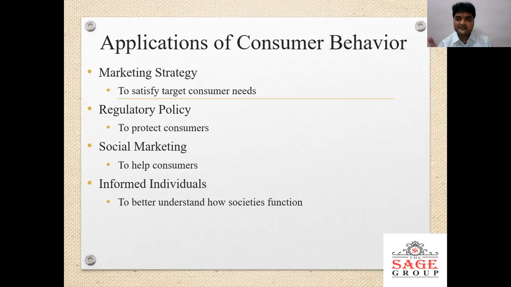If you are working with the single unit, definitely your house will be good enough. Just like that, by understanding individual behavior, you can serve better. So these are the applications related to consumer behavior.